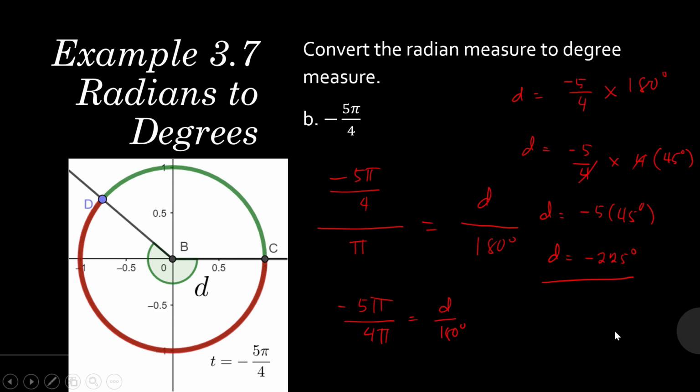In terms of degrees, this angle has a degree measure of negative 225 degrees.